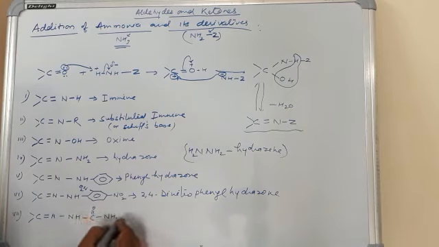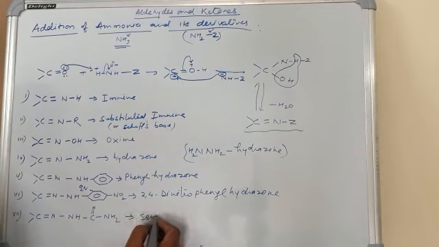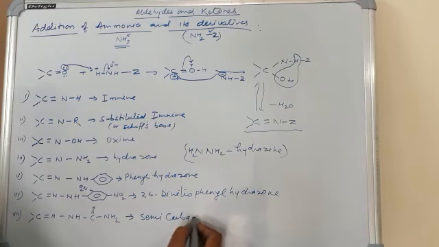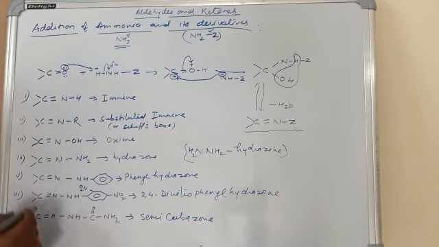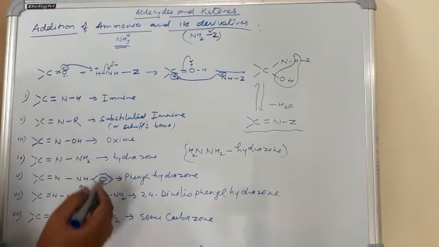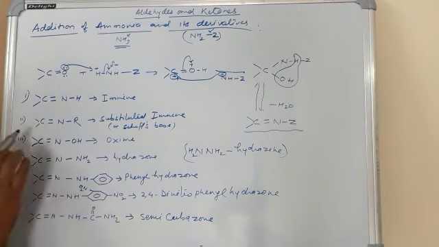This group is known as amide. It is known as semicarbazone. So these are the important ammonia derivatives, and learn them properly by the formula or the name.